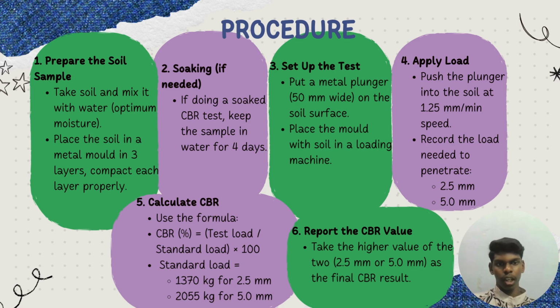The standard values are 1,370 kilograms for 2.5 millimeters and 2,055 kilograms for 5 millimeters. Finally, we report the CBR value by taking the higher value between the two penetrations as the final result. These tests help determine how suitable the soil is for supporting road layers.